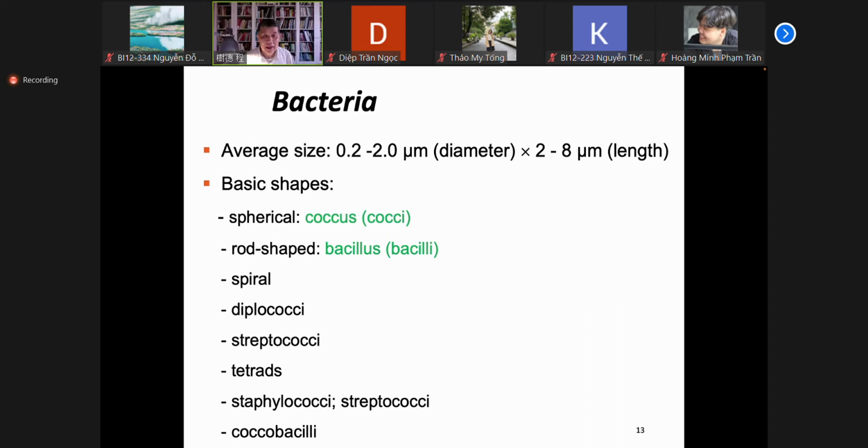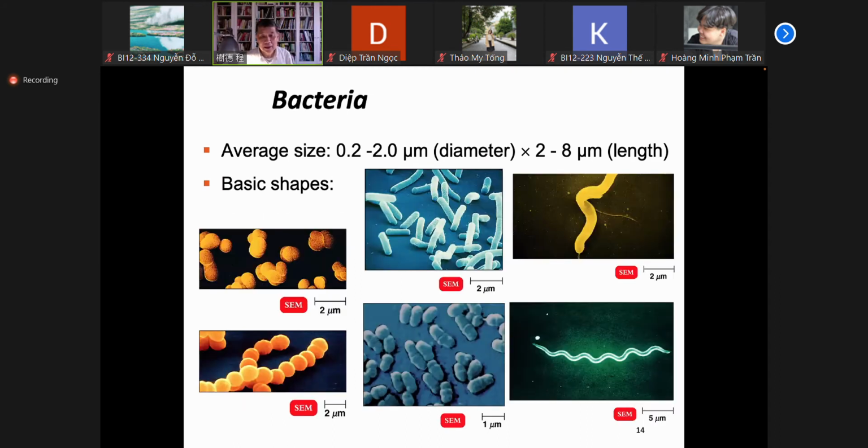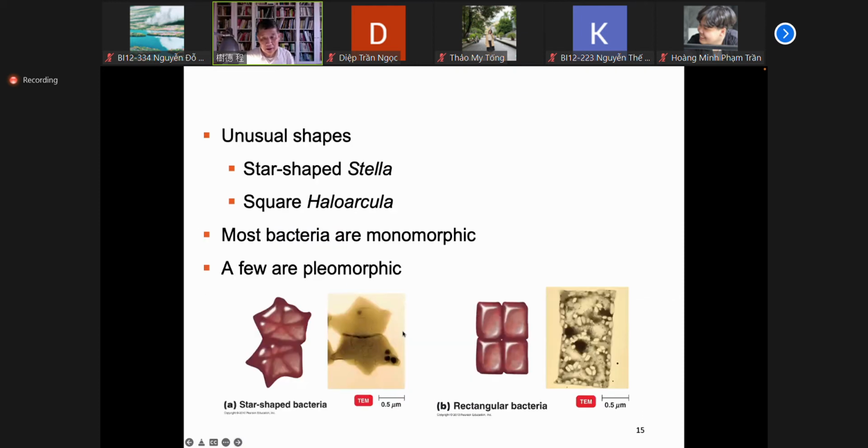Now let me show you various color-coded micrographs of bacteria. On the left side is the coccus. This is coccobacillus. This is bacillus. This is the spiral form, spirochete or spirillum. Some are very peculiar shapes.